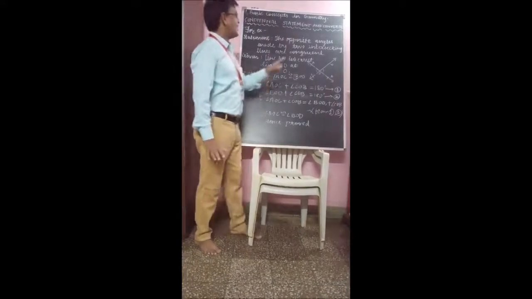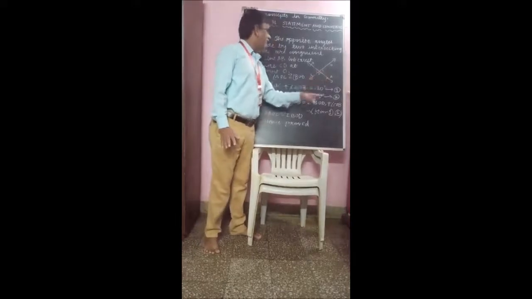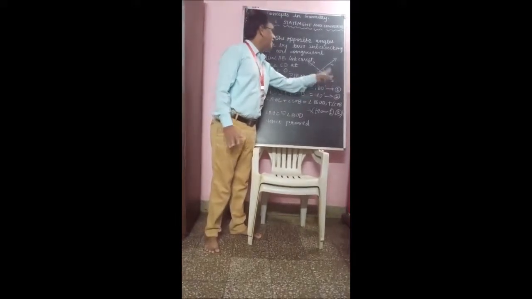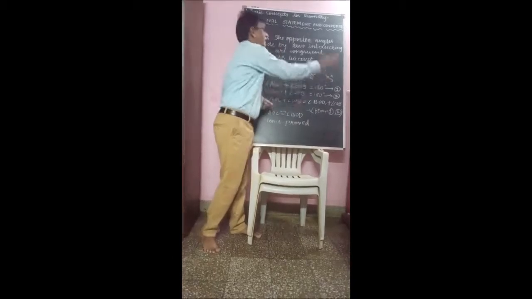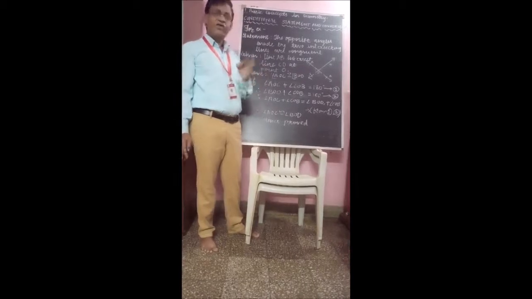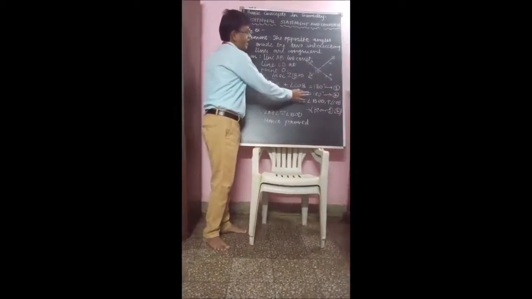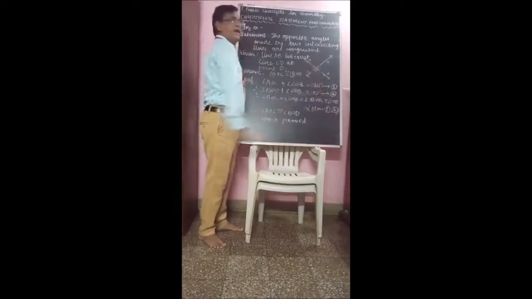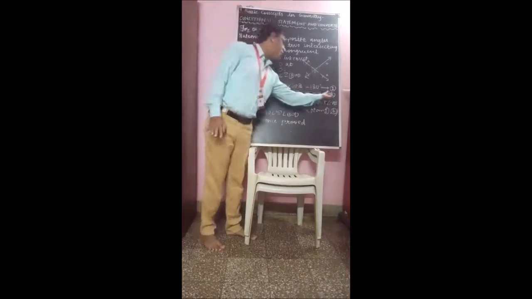Again see, angle BOD and angle COB are also a linear pair, because they form a straight line angle, which is always 180. So BOD plus COB is equal to 180. This is statement number 2.